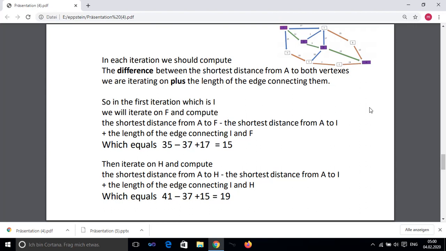Then iterate on H and compute the shortest distance from A to H minus the shortest distance from A to I, plus the length of the edge connecting I and H, which equals 41 minus 37 plus 15 equals 19.